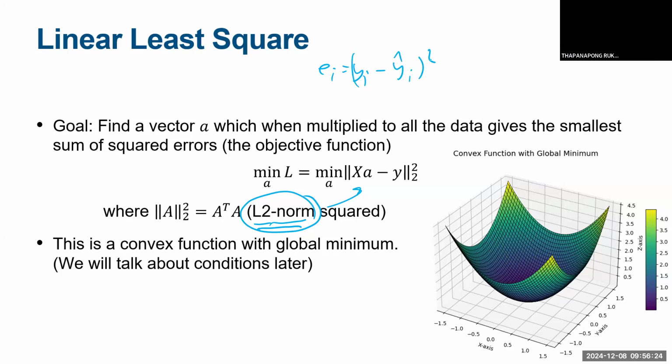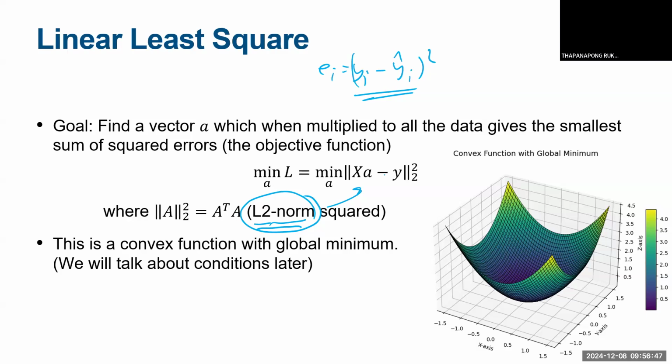But here we think of the matrix, the entire data. When you compute the residue of the entire data, you basically just use the L2 norm. It's the same equation, but written in the matrix form.